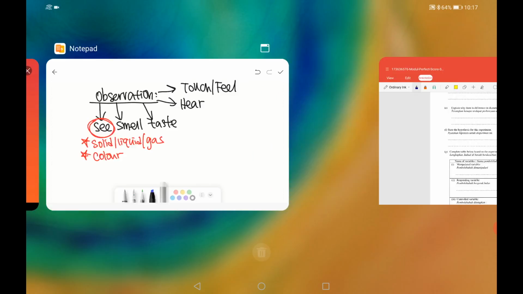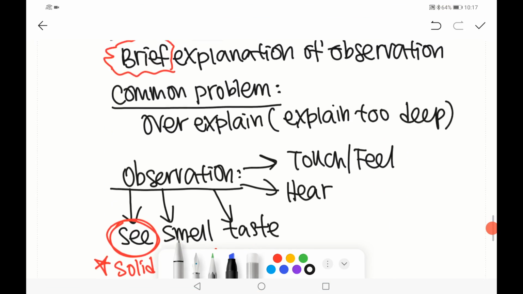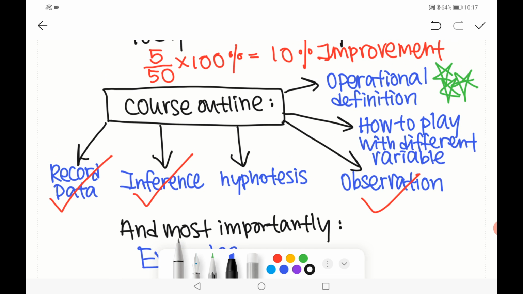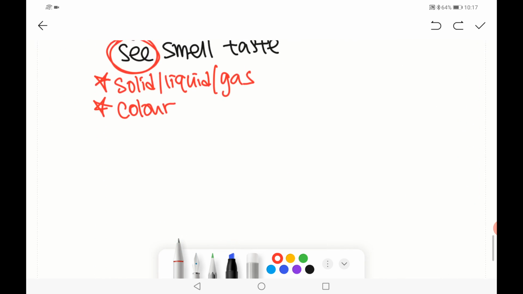Another thing that I want to talk about is this. Next, I would like to talk a bit about how to play with different variables. Let's talk a little bit on variables here.